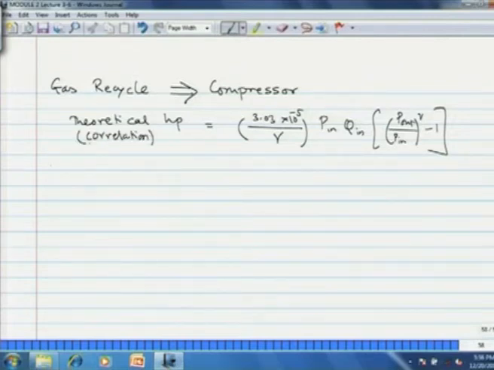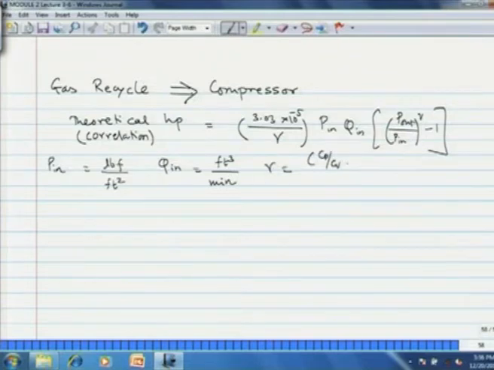And now the P in is the inlet pressure which is given in pound force per feet square. Q in is the inlet flow rate which is given in feet cube per minute. Gamma is a constant given as Cp by Cv minus 1 divided by Cp by Cv.